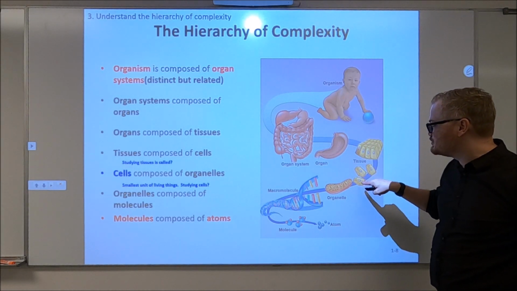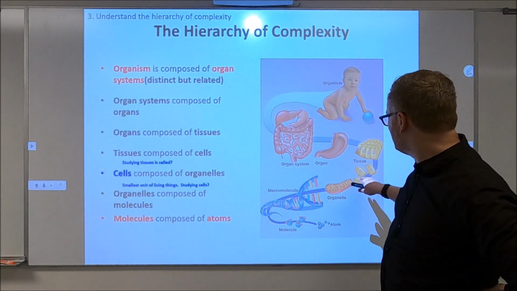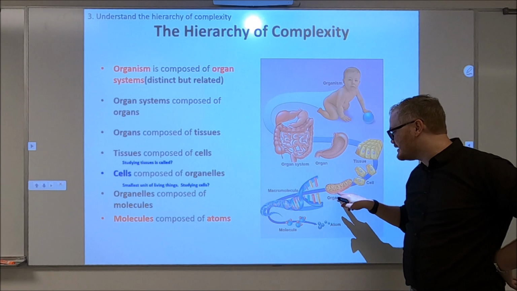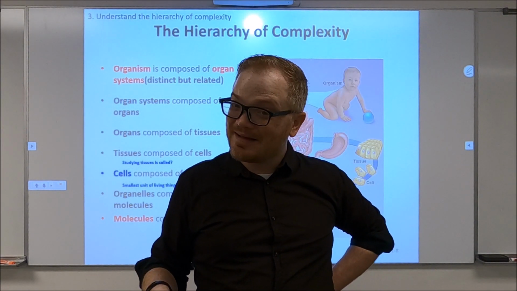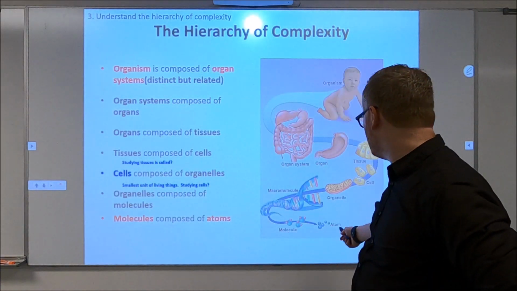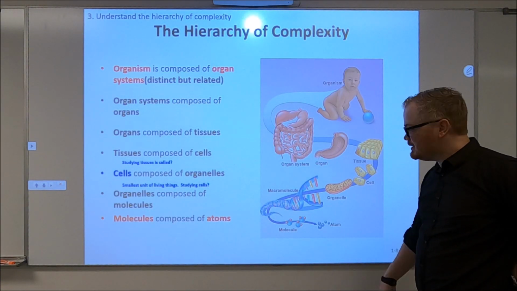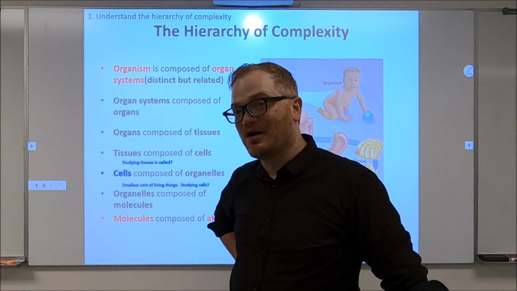Tissues being made up of individual cells, studying cells being cytology. Those cells being made up of individual organelles like mitochondria. You've probably heard of Golgi bodies, nuclei, rough and smooth endoplasmic reticulum. These would be organelles. Those organelles being made up of macromolecules. Macromolecules are large molecules.